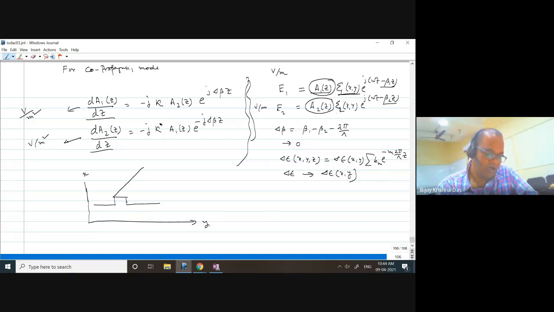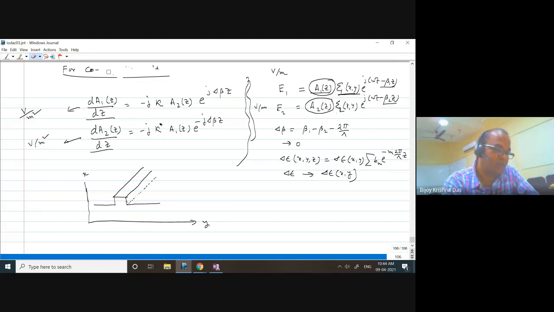But in this case, coupling cannot be considered between two modes because this is co-propagating. Instead of co-propagating, I would say co-directional propagating, which is better. Co-directional propagation means both modes, E1 and E2, are going in the same direction, either in the positive z direction or in the negative direction.